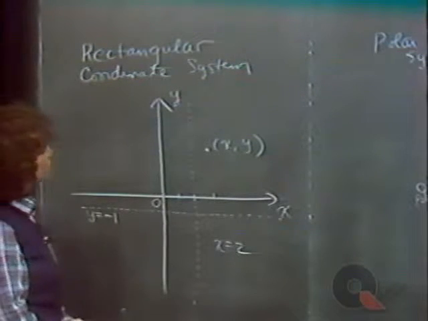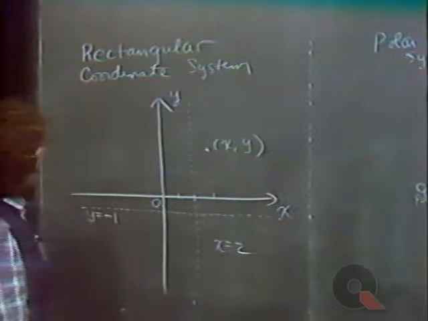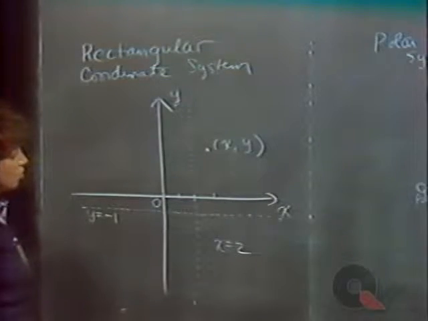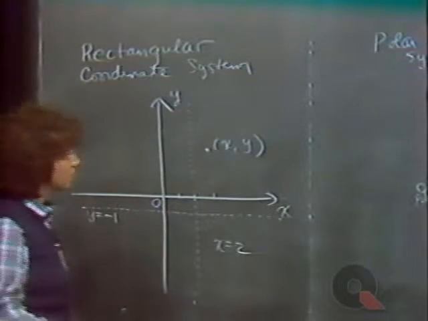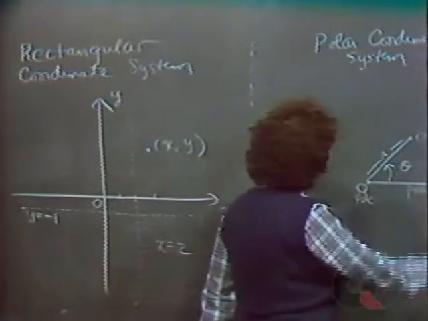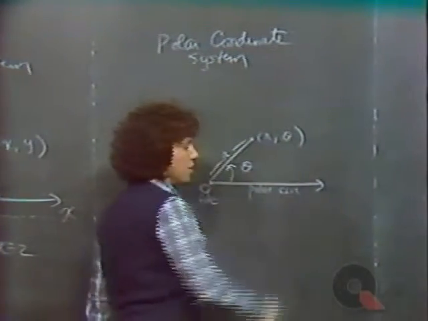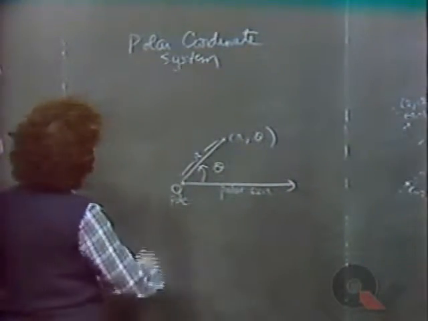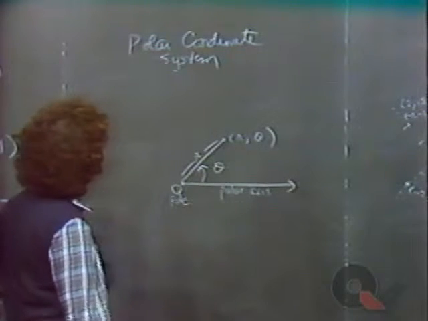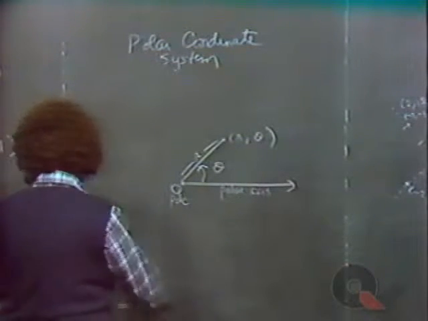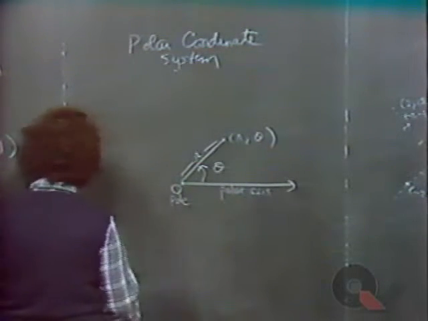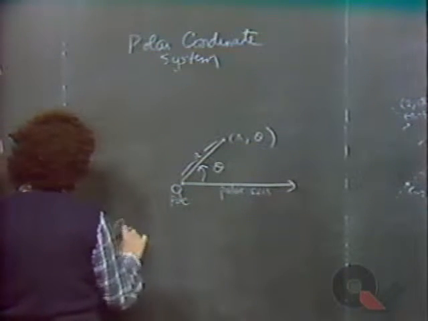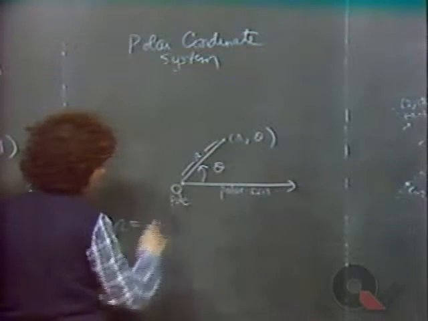So these are the simplest equations in the rectangular coordinate system that we might want to sketch. Similarly, the equations that we get by setting each of the coordinates equal to a constant value are equations we would like to sketch in the polar coordinate system. What are the possibilities? r equal to a constant or theta equal to a constant.